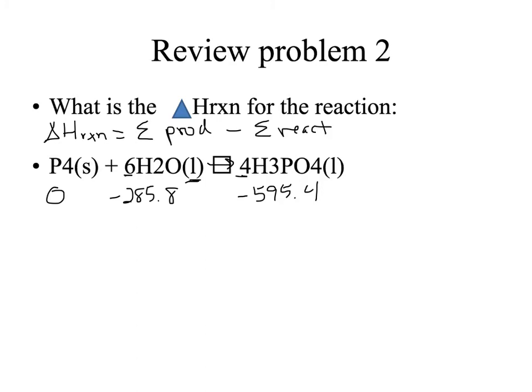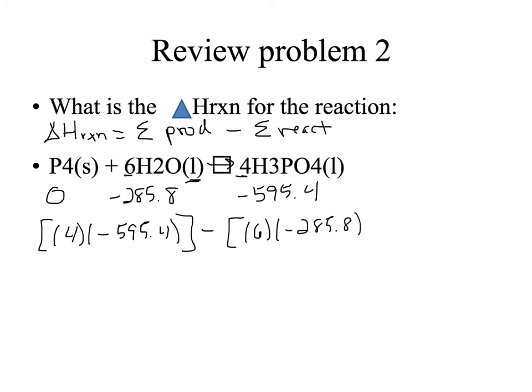So I'll take the heat of formation of phosphoric acid, and multiply it by 4. So 4 times negative 595.4. And then minus the sum of the reactants, so 6 times negative 285.8 plus 0.